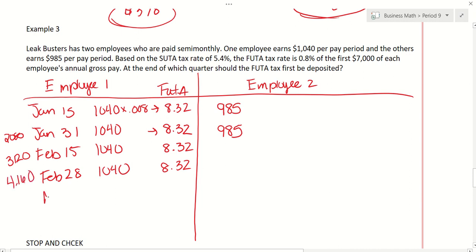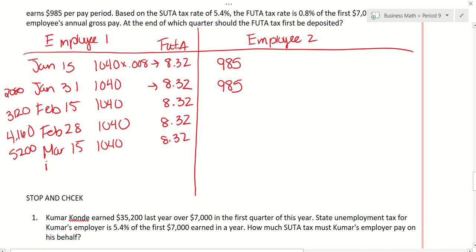March 15th, because I got to keep going till I hit 7,000. Another 1,040, another $8.32. They're up to 5,200. March 31st, another 1,040, another $8.32. They're up to 6,240, getting close.